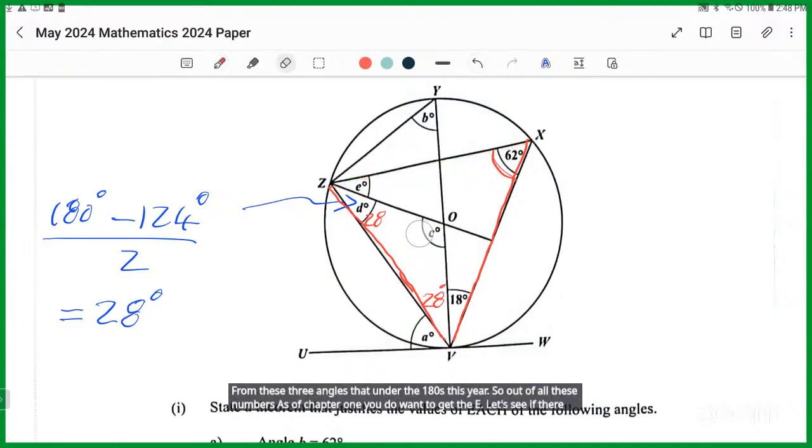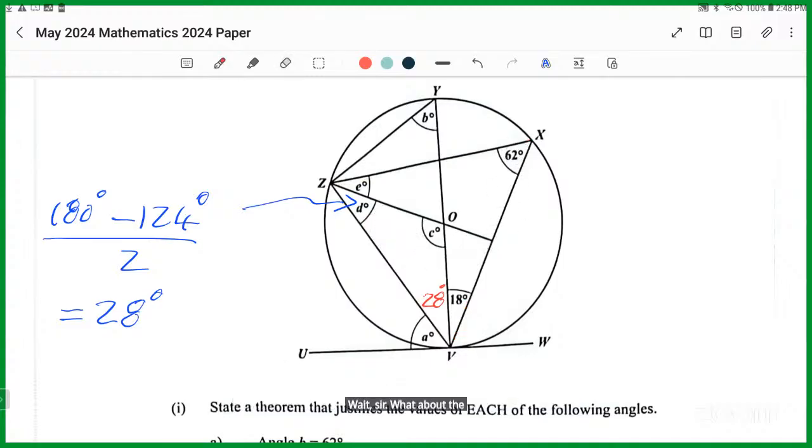Wait, sir, what about the chord, like YX, angles in the same segment? Which one? This angle E? Yes, sir. You would connect an imaginary chord at YX.